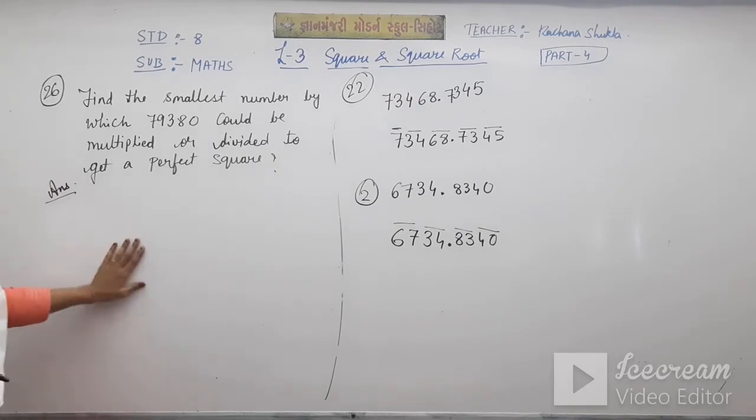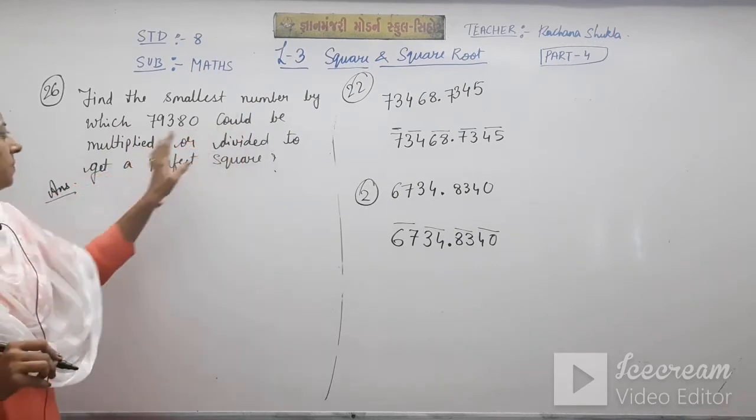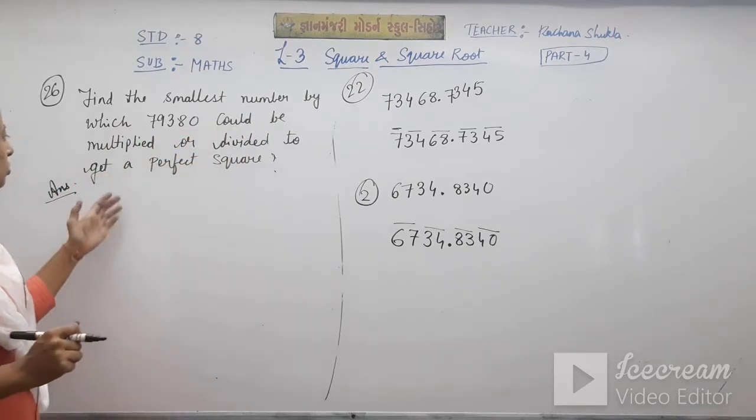So the question is, find the smallest number by which 79380 could be multiplied or divided to get a perfect square.